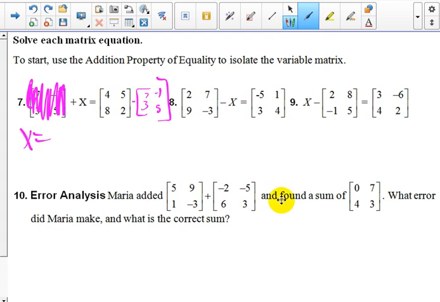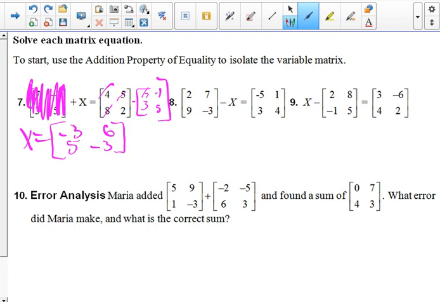X is equal to 4 minus 7, which is negative 3. 5 minus negative 1, minus and minus goes to plus, so that's 6. 8 minus 3, which is 5. And 2 minus 5, which is negative 3. That's your answer. Any questions on that first one?